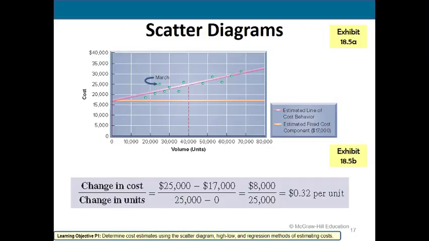One axis lists your costs going up the left-hand side, and at the bottom, going from left to right, is the volume in units. You can list the number of units produced and the cost of those units during a particular period.